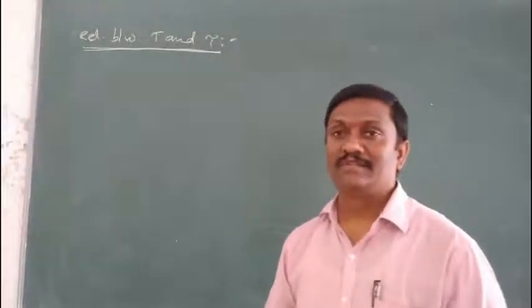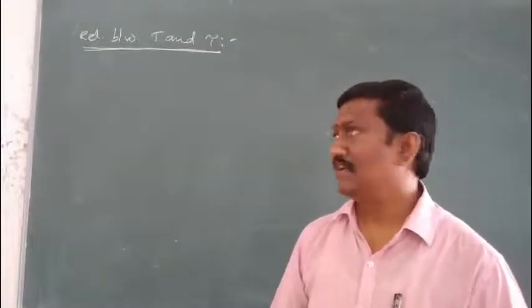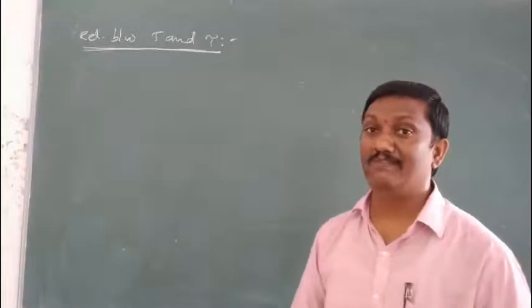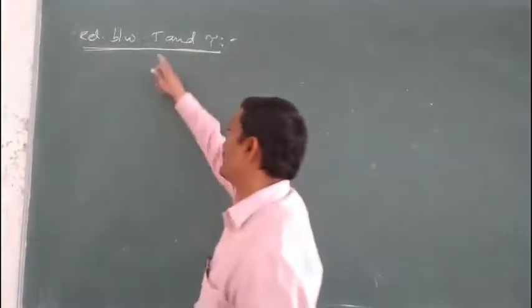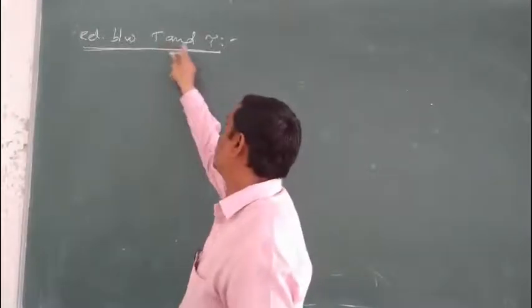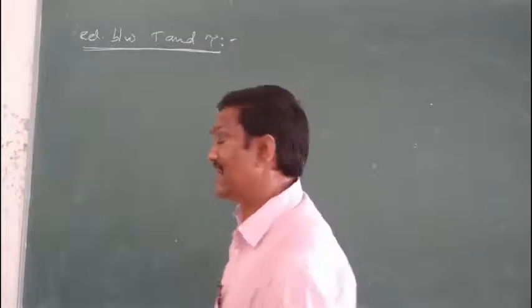Next continuation, the small important relation. It is the relation between half-life period and mean lifetime. The symbol of half-life is capital T, and the symbol of mean lifetime is tau. But what is the relation between them?